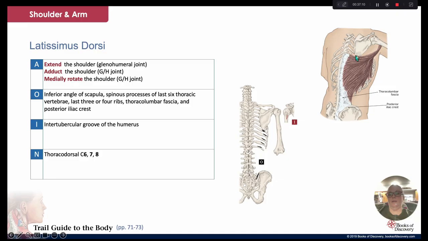And then it goes off into a tiny little point here and inserts onto your intertubercular groove. That is also your bicipital groove. You can't quite see that from this angle because it's in the front, but on this picture here, you have your greater tubercle, your lesser tubercle, and then that intertubercular, or bicipital, groove right here, straight down between the two.